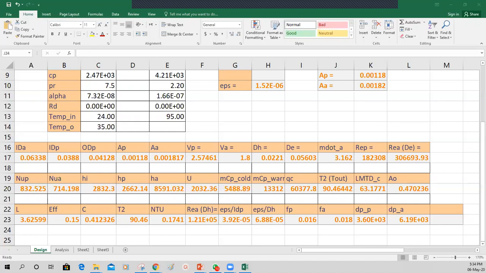Did you join from the beginning or later? No, at around 4:30. Okay, so from which calculation did you join? When we were calculating the Nusselt number for the annulus. You can see I'm sharing this screen, you can see my Excel file.